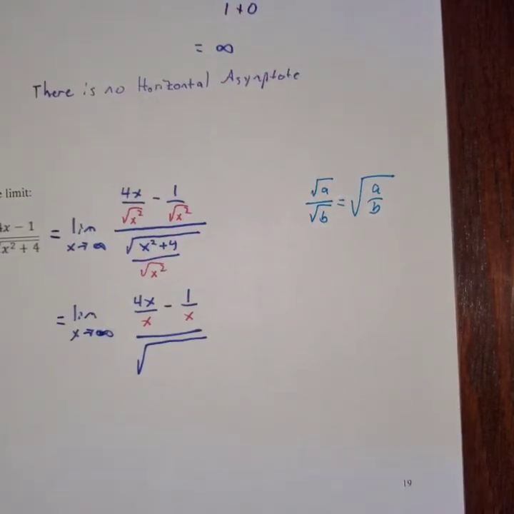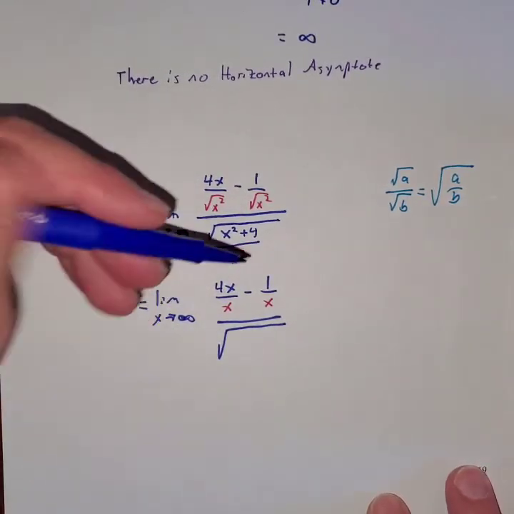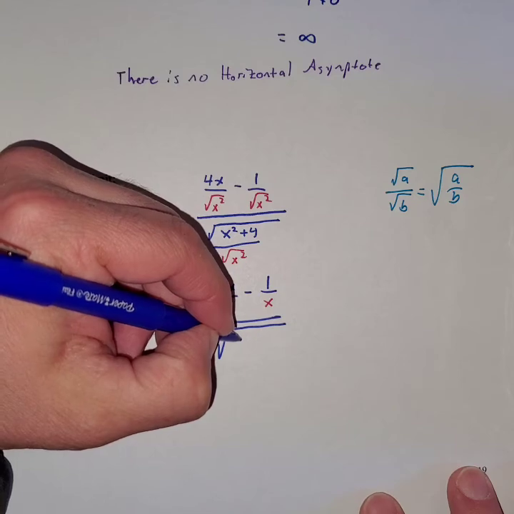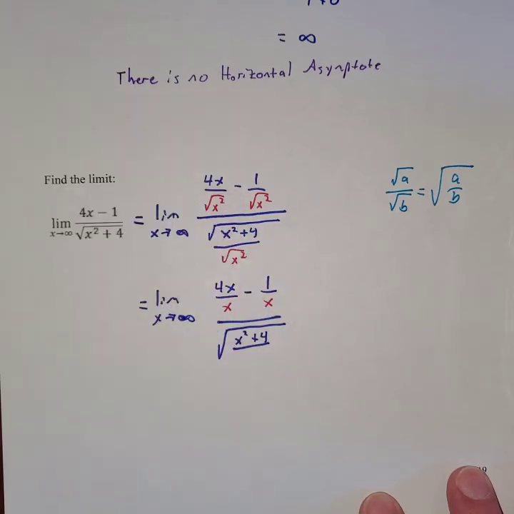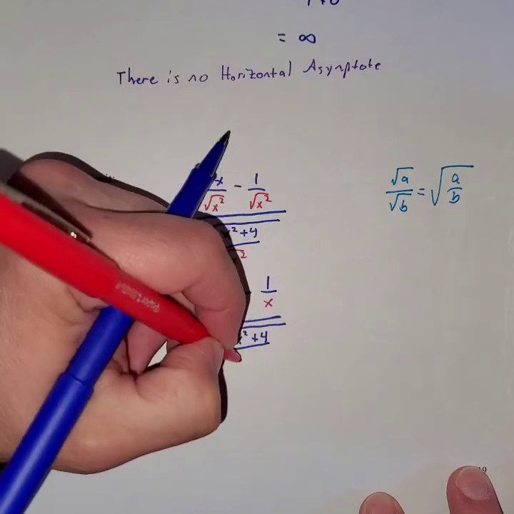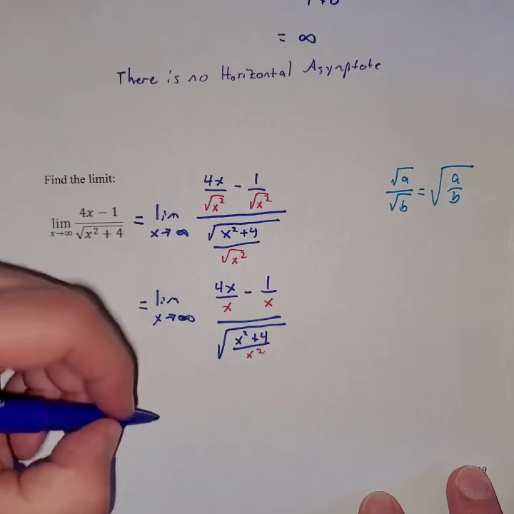I can put the two numbers in the fraction inside the radical. So when I do that here, I'm going to have x squared plus 4 over x squared. And it's all underneath the one radical.